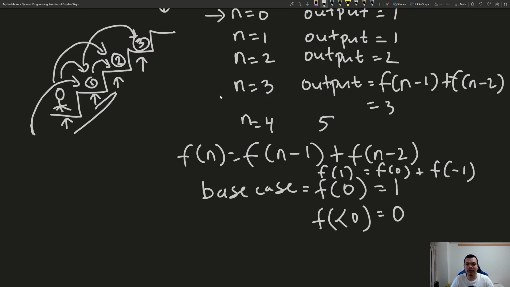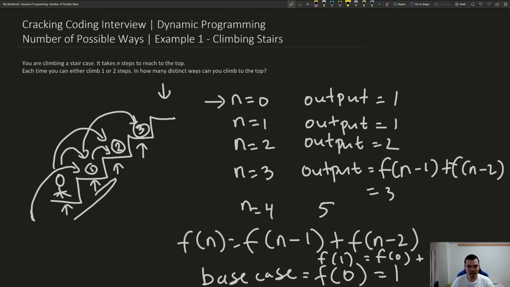Actually, this is very similar to what we think of as a Fibonacci series, and we can do dynamic programming out of it. When we try to calculate f(n), it will split into f(n-1) and f(n-2), right?